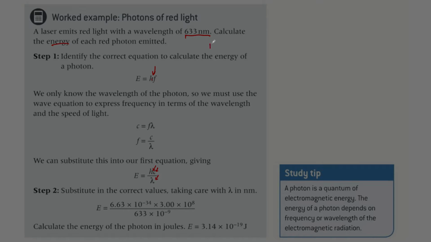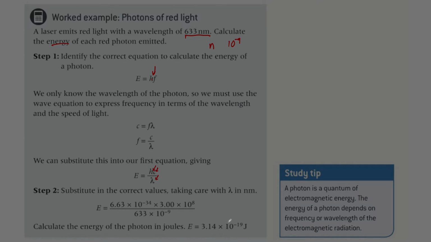So nano refers to something being 10 to the minus 9. So 633 nanometers is 633 times 10 to the minus 9. I know that's not in standard form, but that's the easiest way of plugging it in. Your calculator will cope with that, I'm sure. And that gives us the value of the energy of a single photon, 3.14 times 10 to the minus 19 joules. So you can see an individual photon carries a tiny amount of energy.